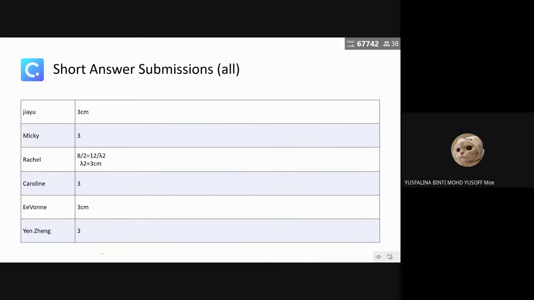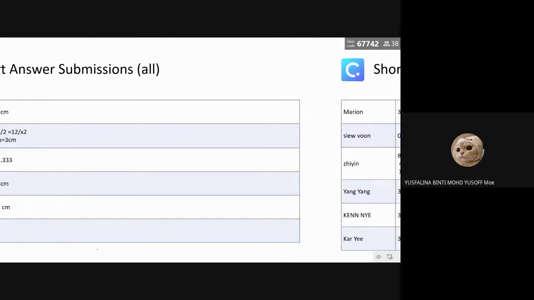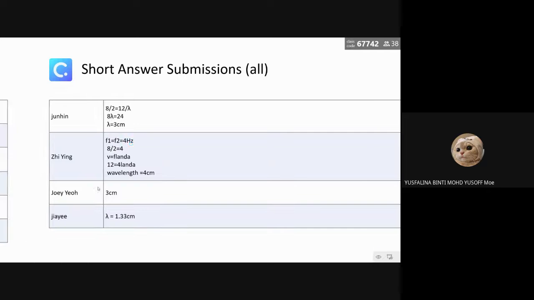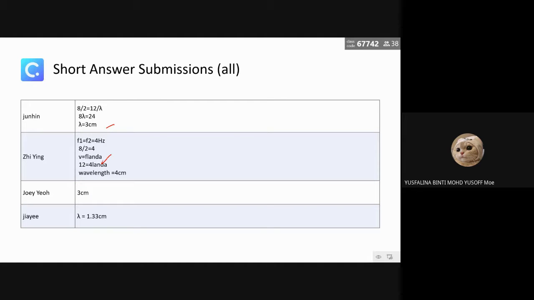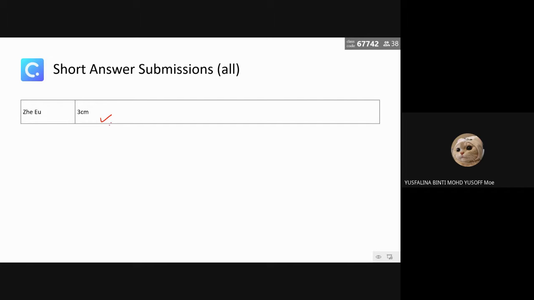What's the unit? This one is cm. We check first, I'm afraid I'm going to miss out. Okay, correct. Oh, 4. 12 divided by 4 is 3. Wrong. Typo. Okay, we move on to the next one.